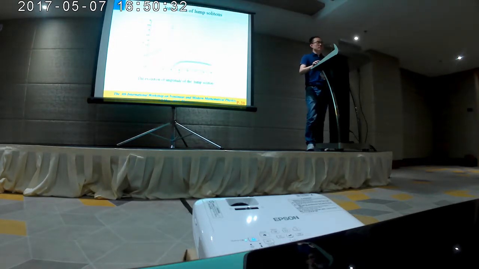This is the amplitude before collision and after collision. We can see the amplitude increases before interaction and decreases after interaction. So we can argue that the interaction between lumps is attractive.